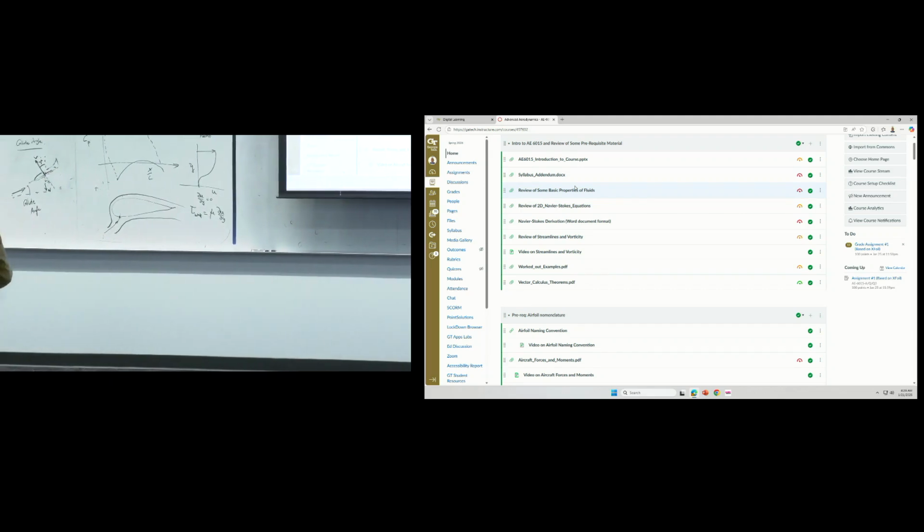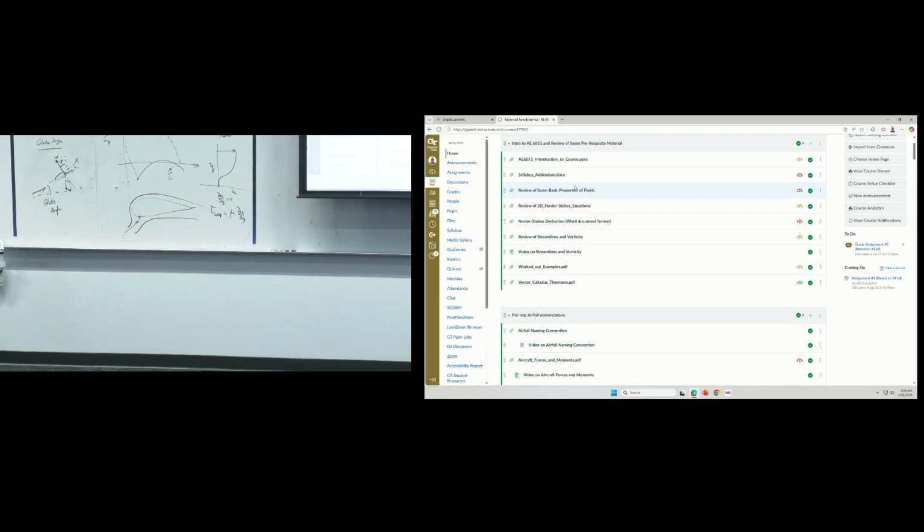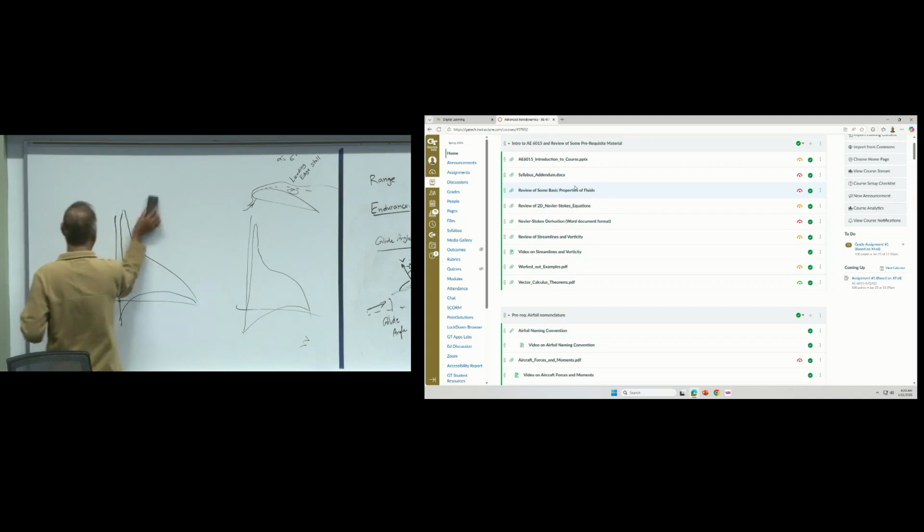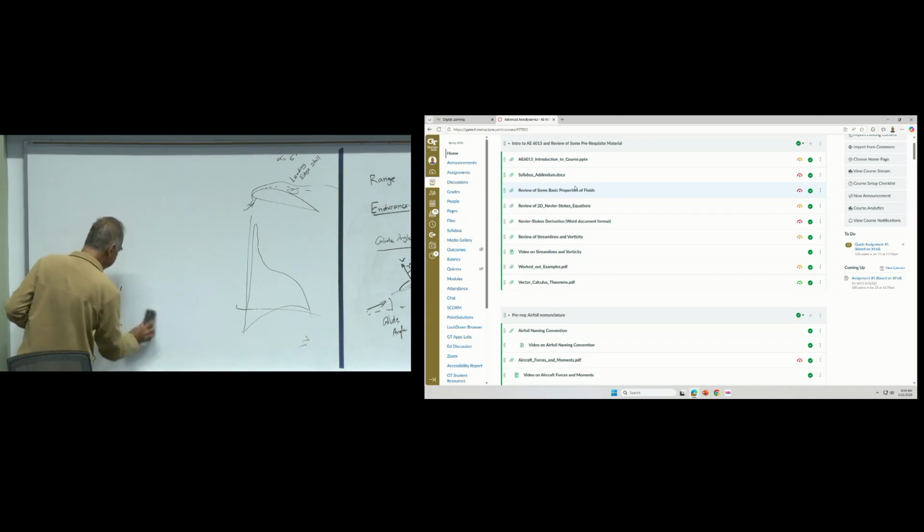So there are two ways they could have handled it. One of them is called the Lagrangian approach.